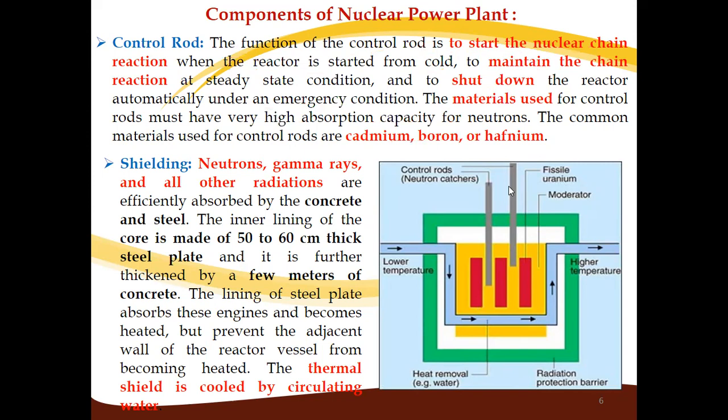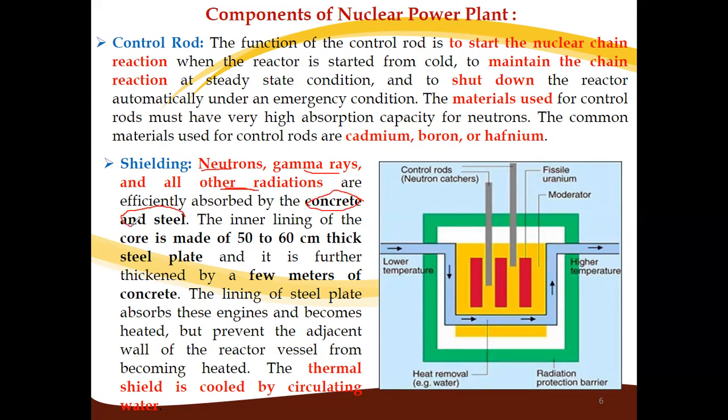Now we have another part, that is the shielding. This shielding is very much important. Neutrons, gamma rays, and all other radiation are efficiently absorbed by concrete or steel.